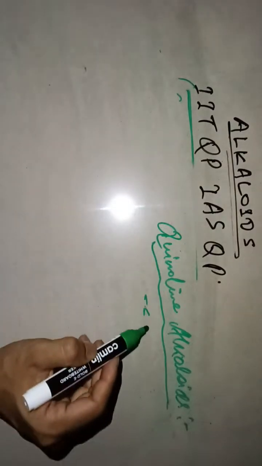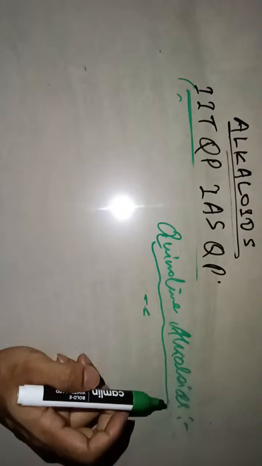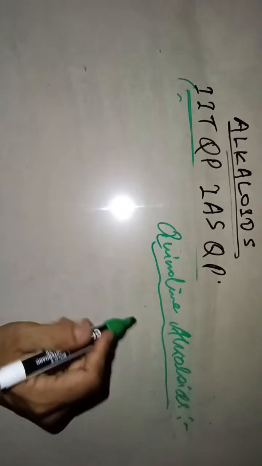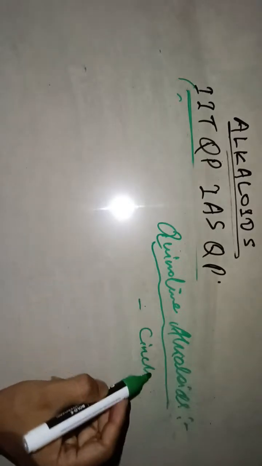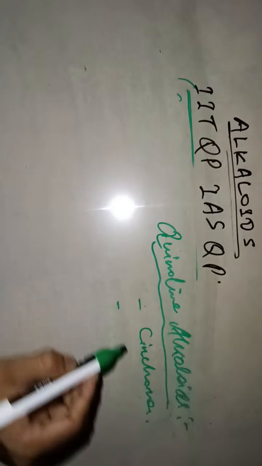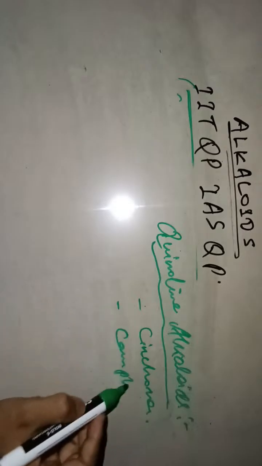What does CC mean? The first C is cinchona and the second C is camptotheca.